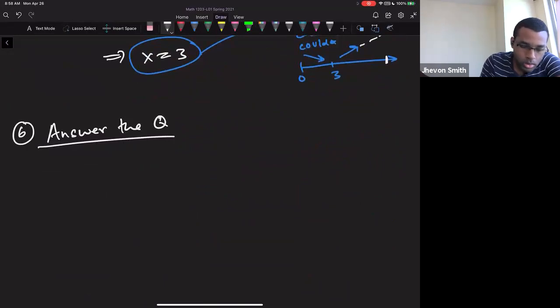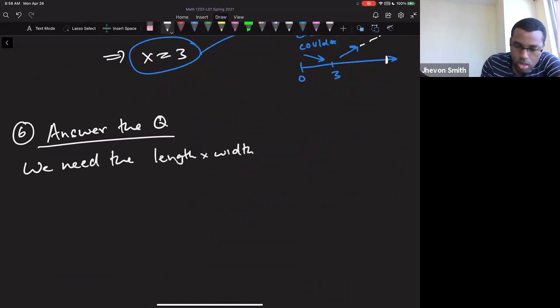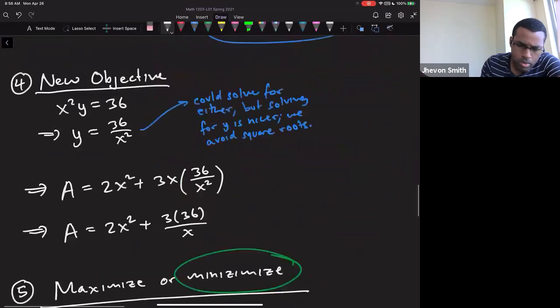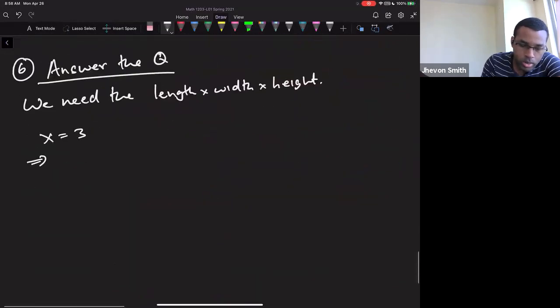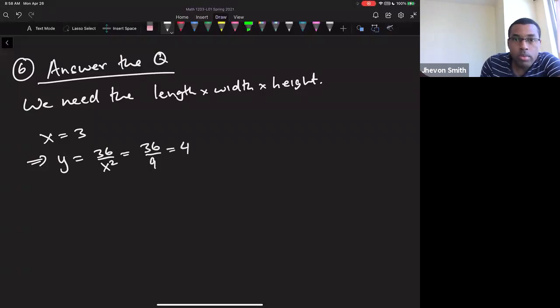So here we have our x equals 3. This means we need the other dimension. The y is 36 over x squared. It's going to be 36 over 9, which is 4.